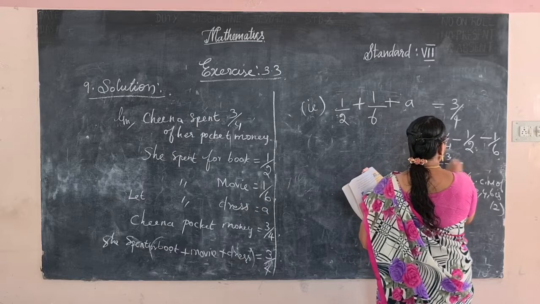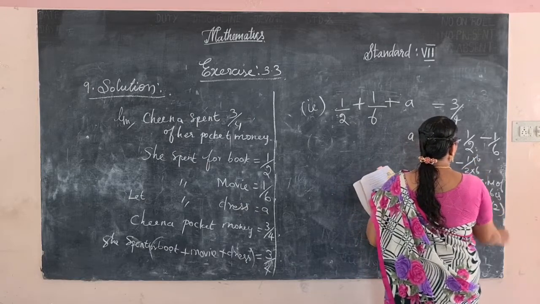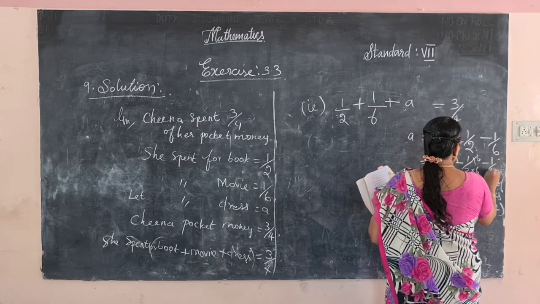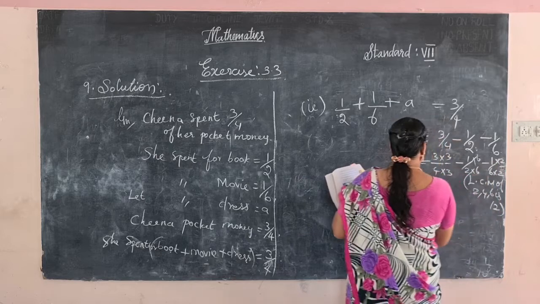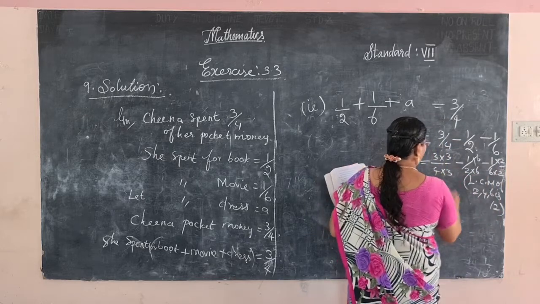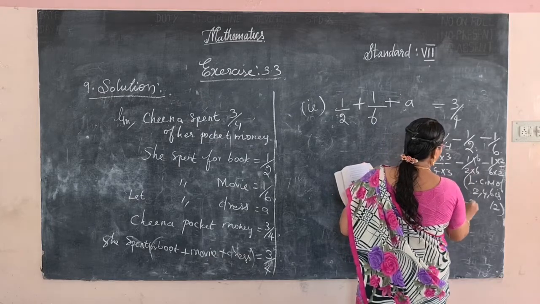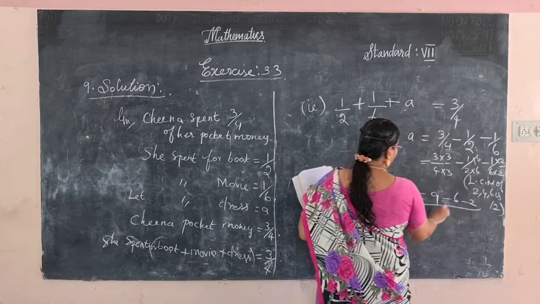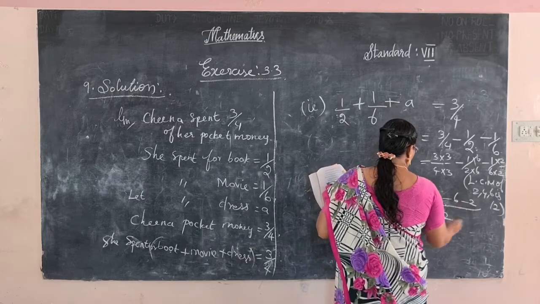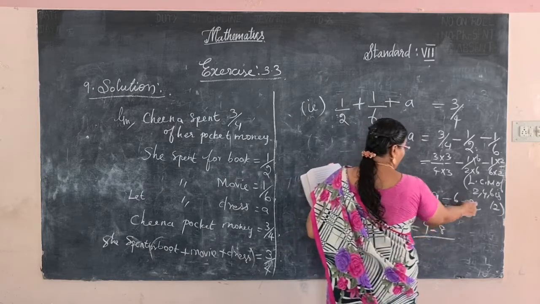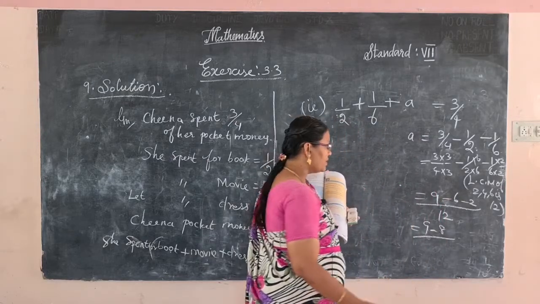Here 1/2, which number to multiply? The denominator value was 12, so 6. Here 1/6, which number to multiply? 2. So 3 3s are 9 minus 6 minus 2 divided by 12.